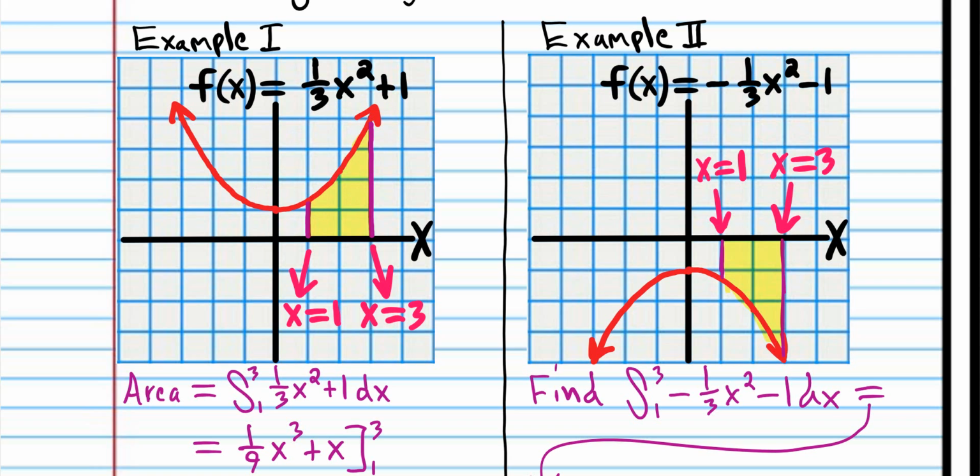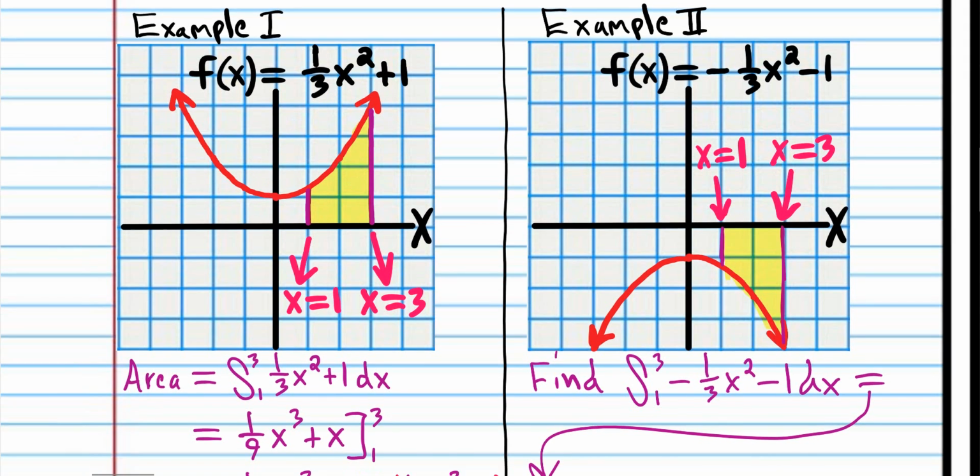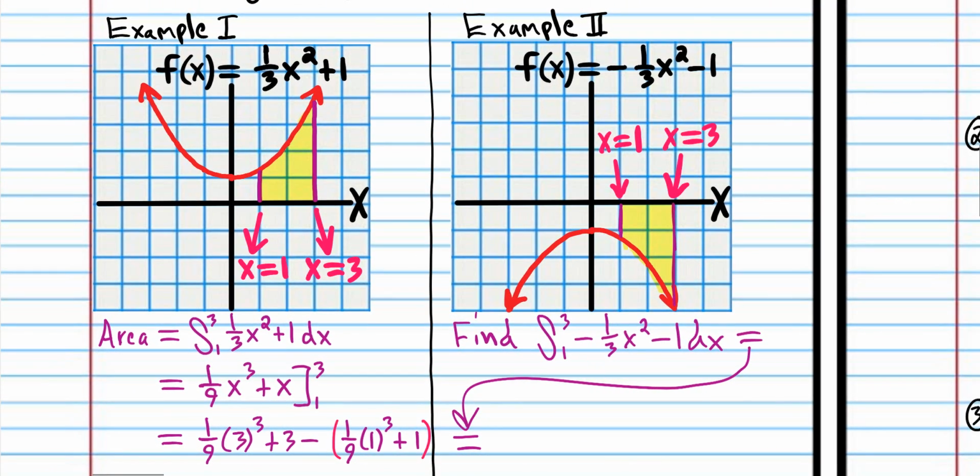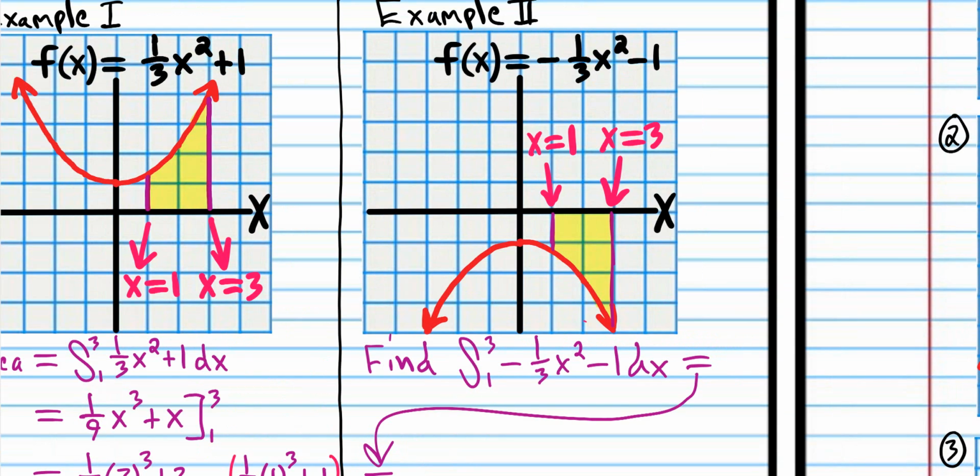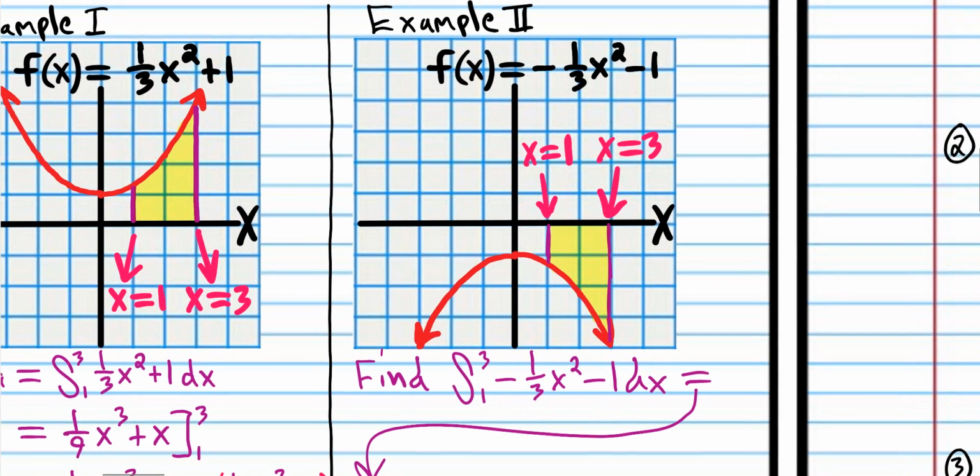So the area has always been above the x-axis. But what happens when we have a situation where the graph is actually below the x-axis? If we find the value of an integral where the corresponding function is actually below the x-axis, what's going to happen?